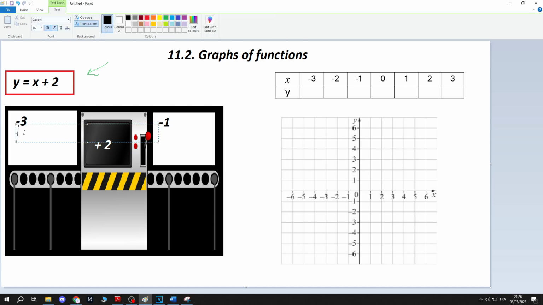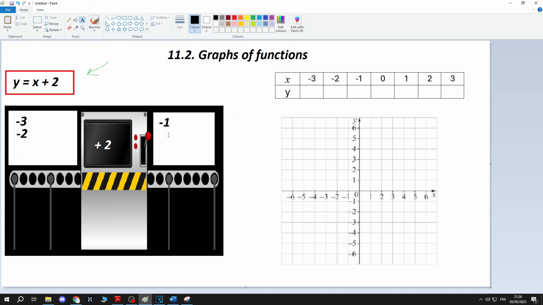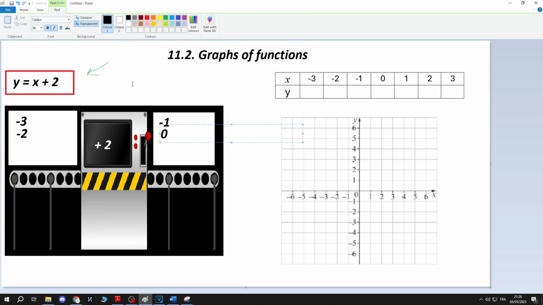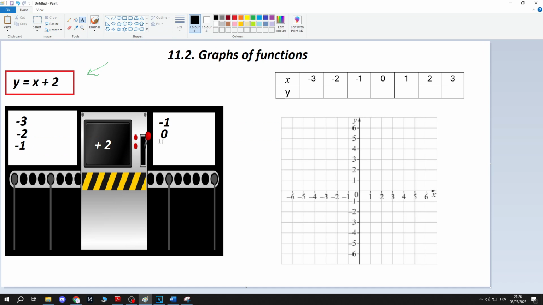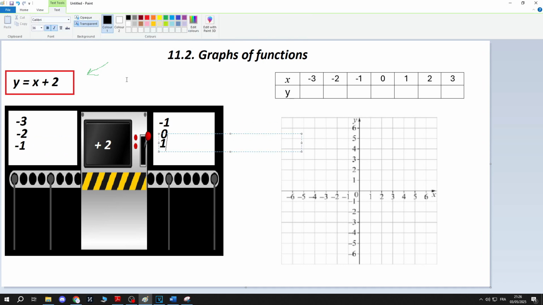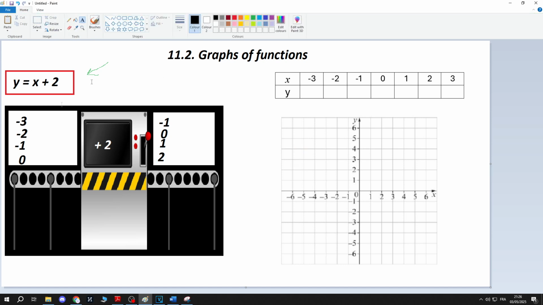And then -2 plus 2 would give us 0. -1 plus 2 gives us 1. 0 plus 2, 2. So you might notice then that whenever we input a value, we always add 2 to it, and then it'll give us a value at the end.